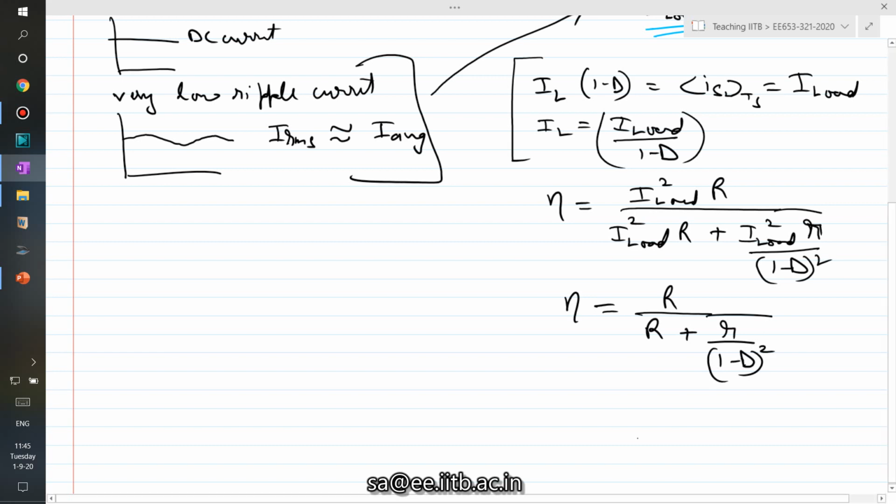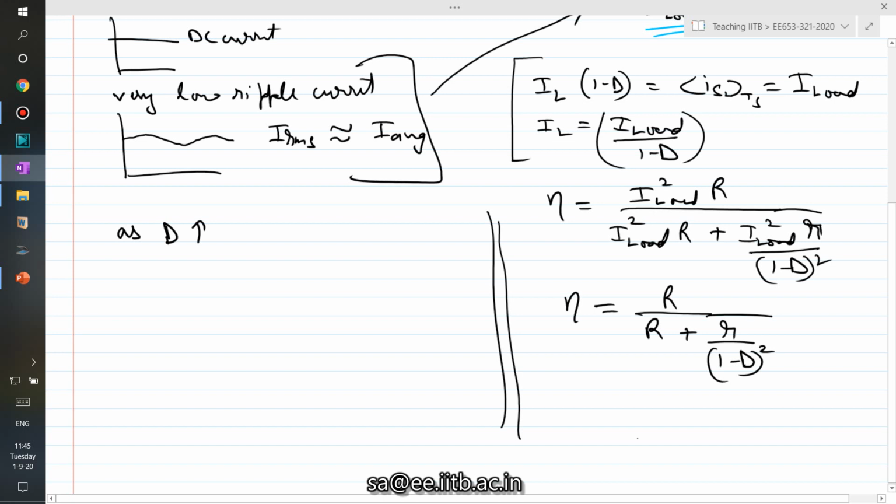Let's try to get some observations from this expression. One observation is that as duty cycle increases, 1 minus D reduces, r upon (1 minus D) square increases, and therefore the efficiency expression reduces.